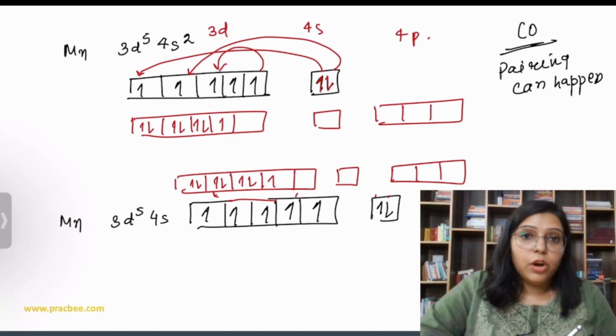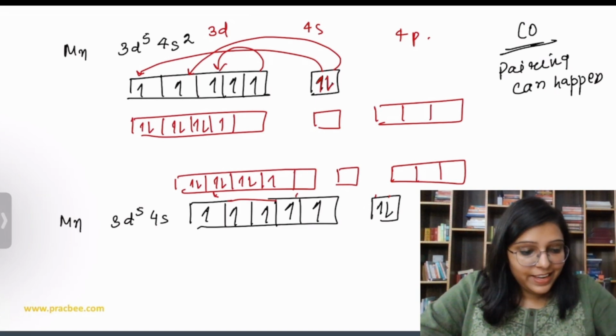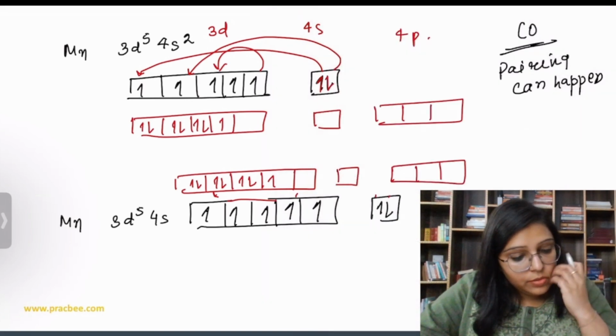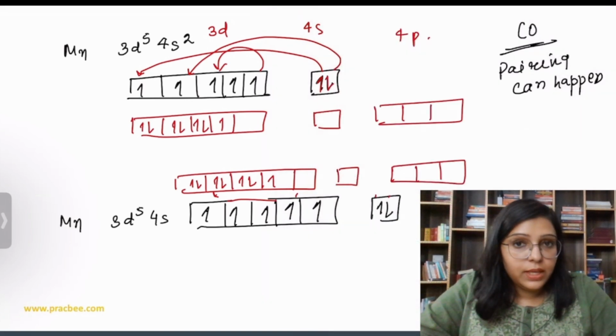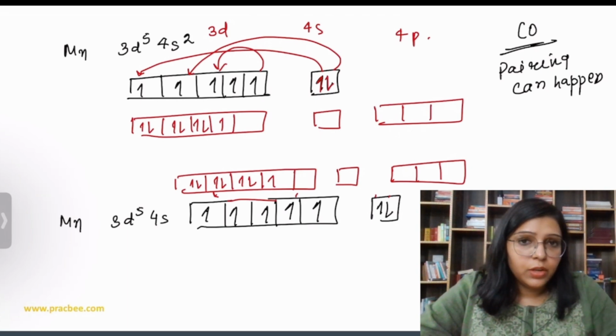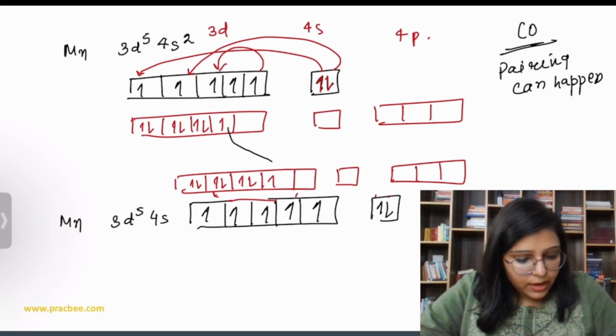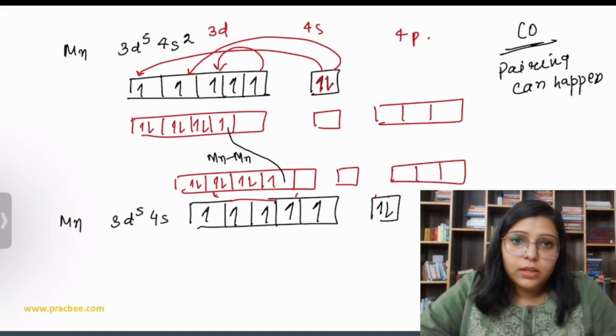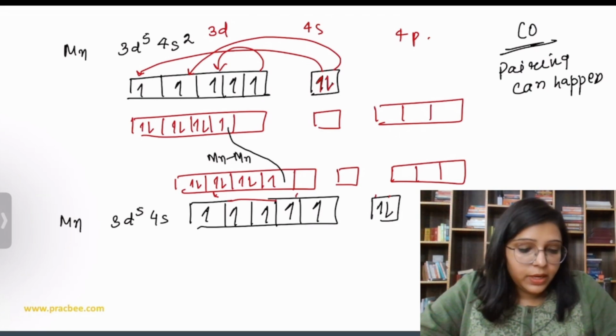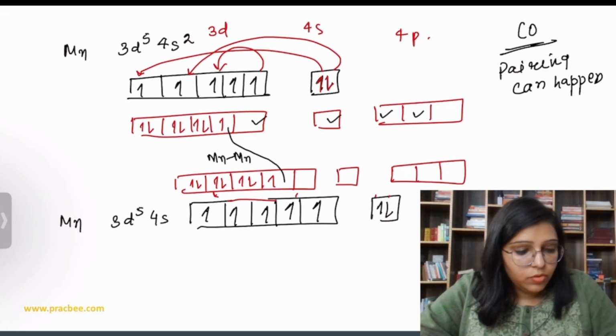Now we have to put how many carbonyls? 10 carbonyls, right? So here first we can say that we can have a metal-metal bond. Metal-metal bond is generally present in metal carbonyls if we have two metals. So here we have the Mn-Mn bond. Now how many empty orbitals do we have? 1, 2, 3, 4, 5.